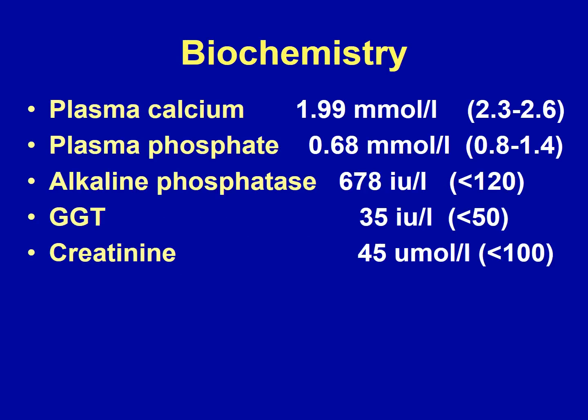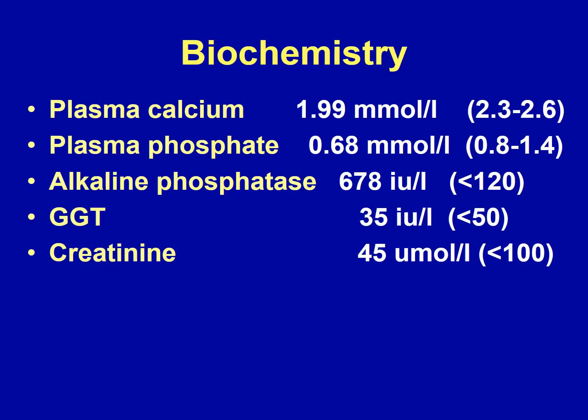This was her biochemical findings, and you'll note that she had hypocalcemia with also a low plasma phosphate, so hypophosphatemia, and a very markedly elevated alkaline phosphatase level. You'll remember that alkaline phosphatase is an enzyme that's elaborated both by the liver and by bone.